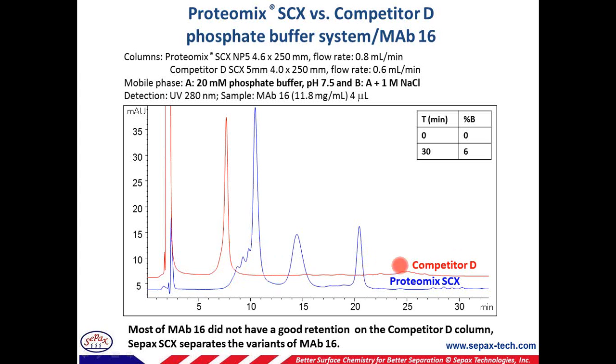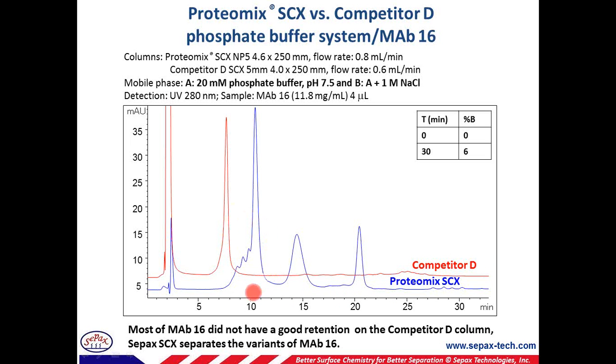However, with the competitor's column, we can see most of the protein, the mAb, came out earlier in the gradient and did not really separate on the column. I really want to emphasize this when you compare columns: you really have to optimize the conditions for each column. In this case, we did not optimize any conditions for the competitor's column. We used the optimized condition from our column and ran both.